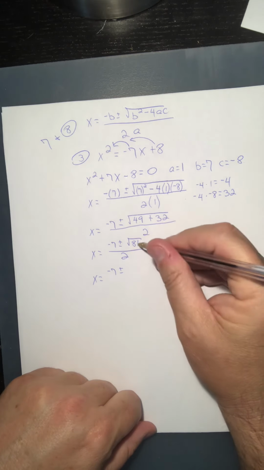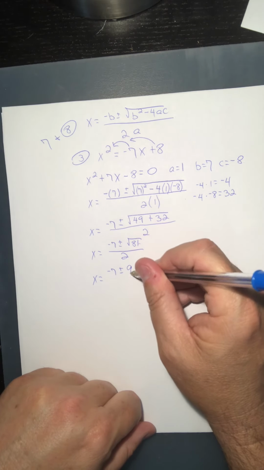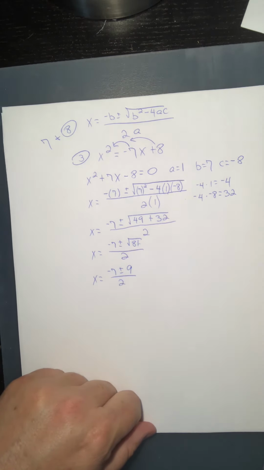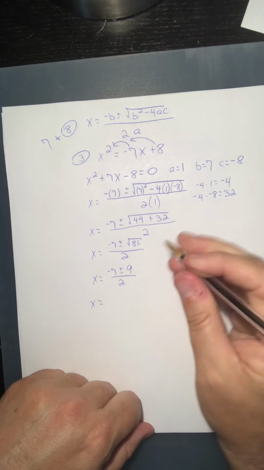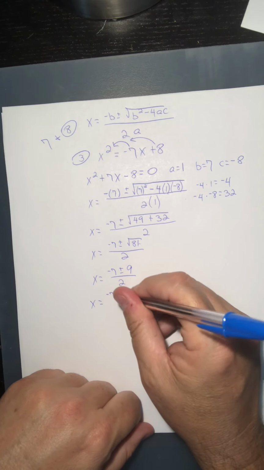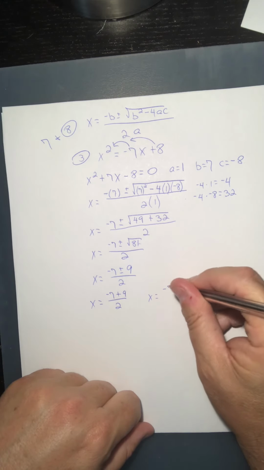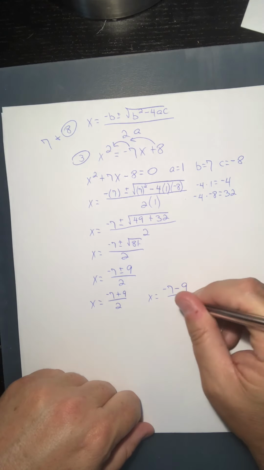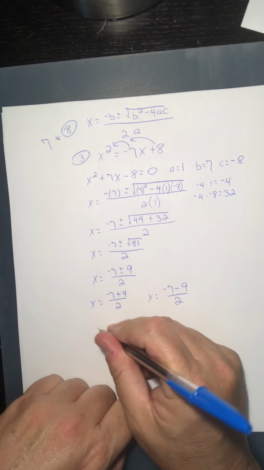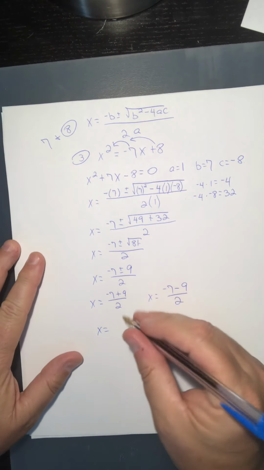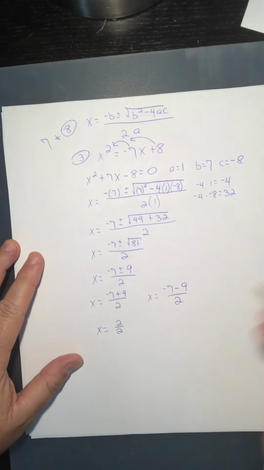Negative 7 plus or minus the square root of 81, which is 9, over 2. I'm ready to split up my equation. That gives me negative 7 plus 9 over 2, and negative 7 minus 9 over 2. Negative 7 plus 9 gives me positive 2 over 2.